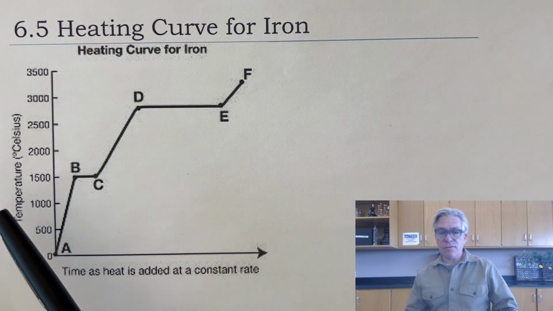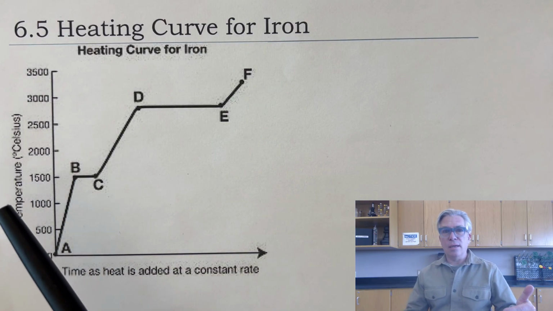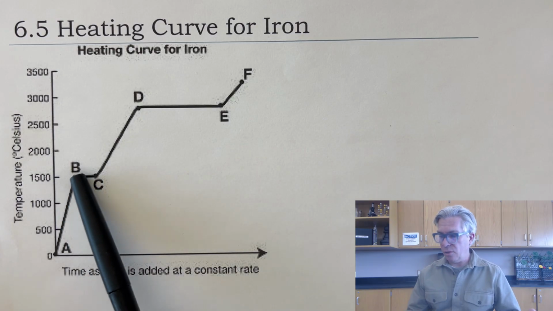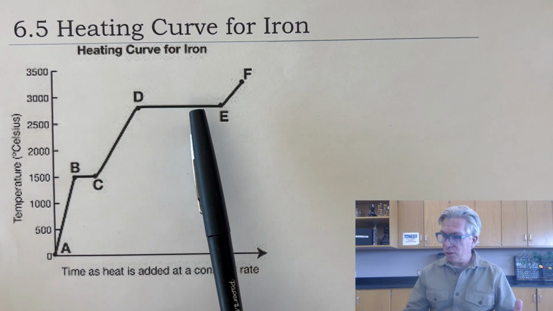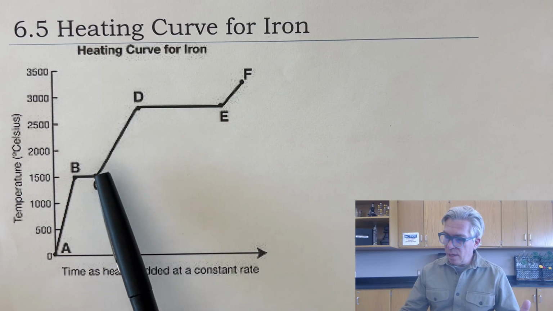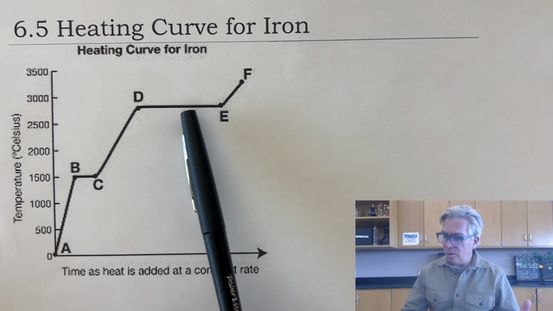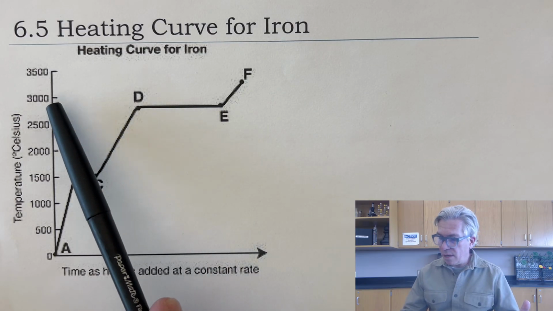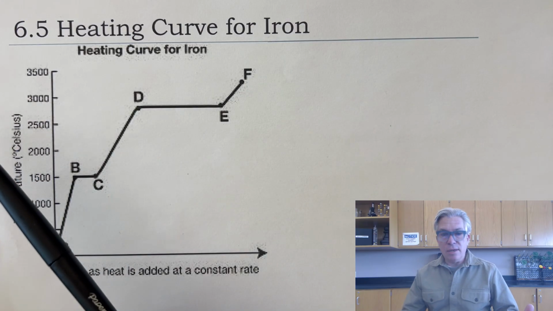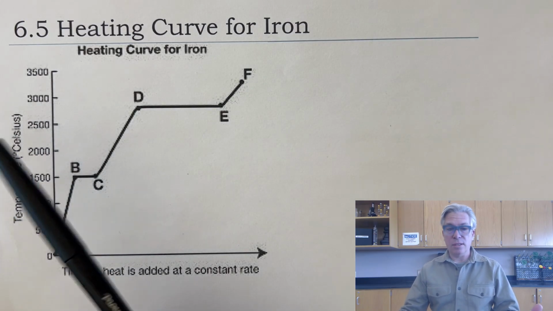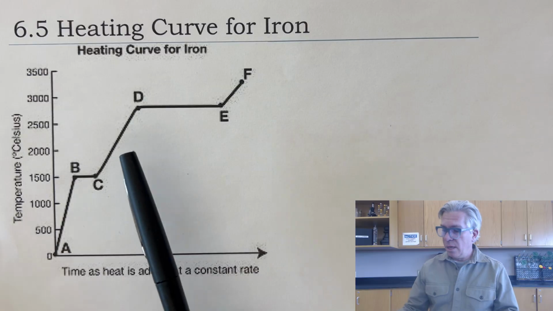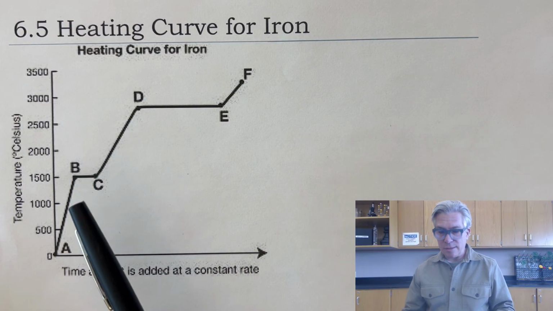So that first flat part indicates the melting temperature of iron. Whatever temperature that's at, that's the melting temperature. And then we would continue on up in the liquid phase until we get to the boiling point of iron, which is somewhere just south of 3000 degrees Celsius. You can look up those actual values somewhere else. We're just estimating based on a graph like this.